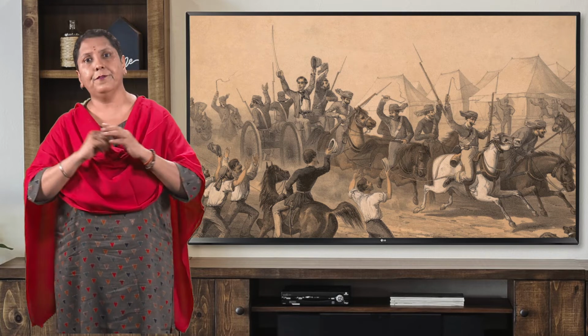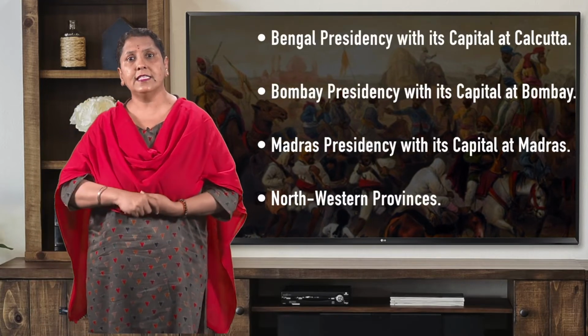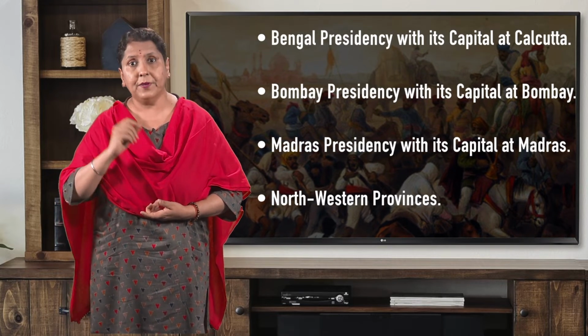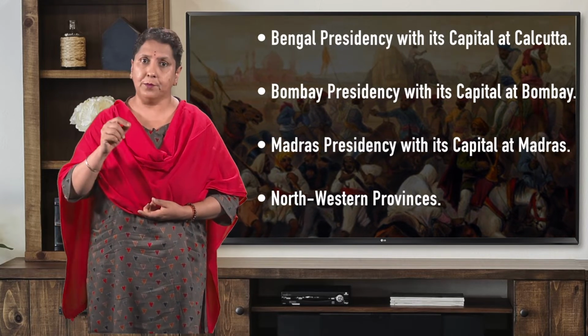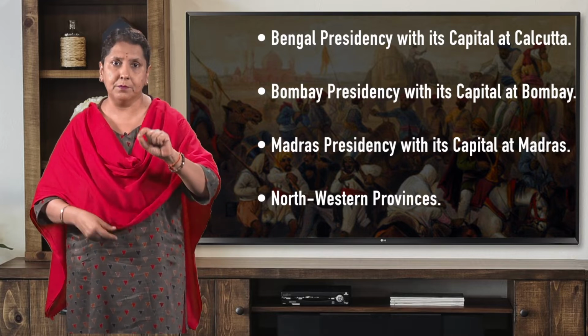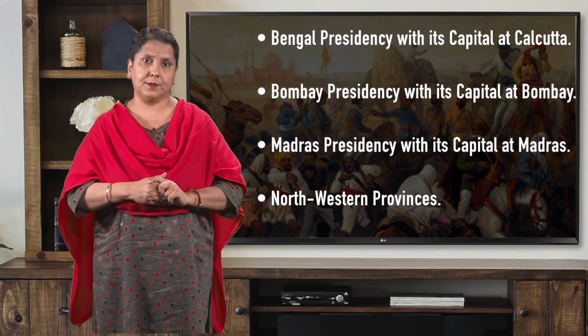By 1851, the East India Company's vast and growing holdings across the subcontinent were still grouped into just 4 main territories. What were they? Bengal Presidency with its capital at Calcutta, Bombay Presidency with its capital at Bombay, Madras Presidency with its capital at Madras, and northwestern provinces.